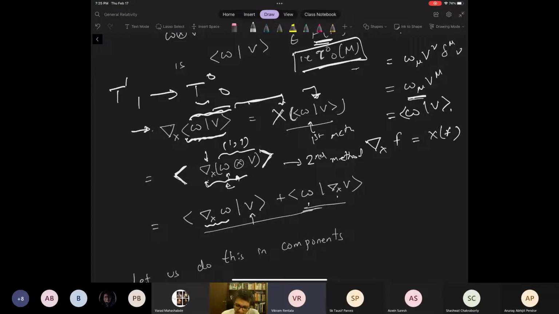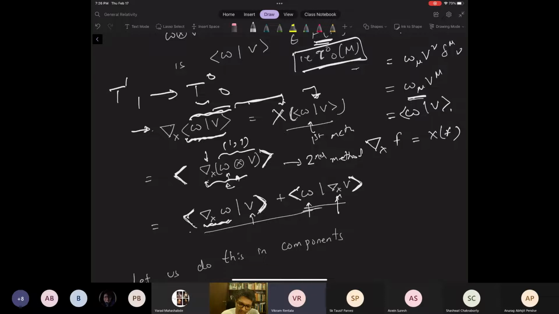Then it acts on the vector and leaves the dual vector unchanged. The result of acting on a dual vector is a dual vector, and the result of acting on a vector is a vector. Now we're going to take the inner products of these two.